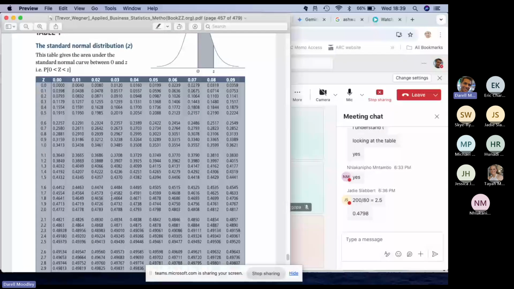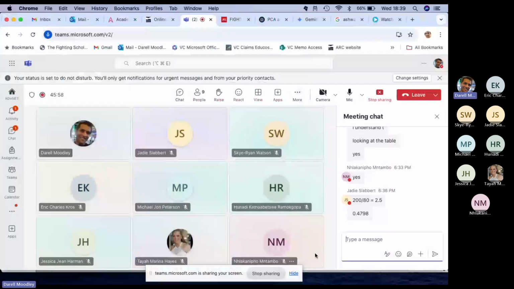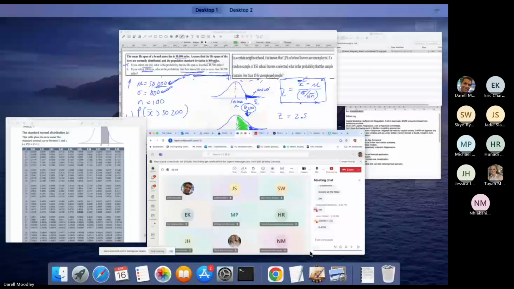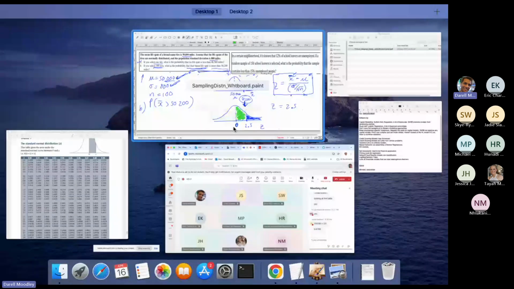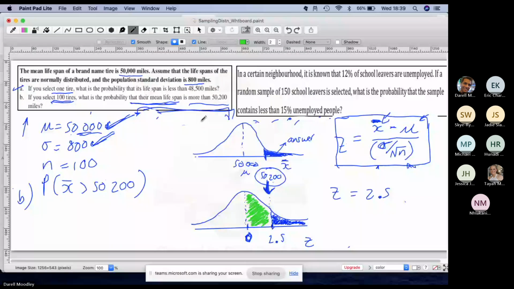That's right. That's the green area, 0.4798. So let's go back there. So this green area is 0.4798.